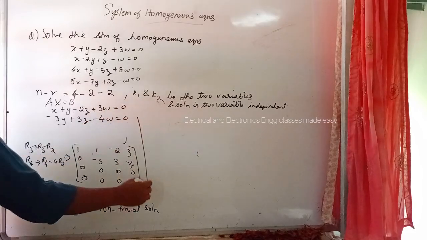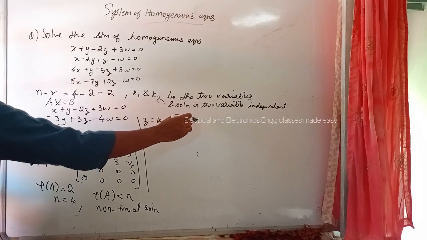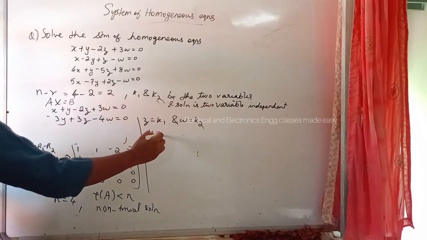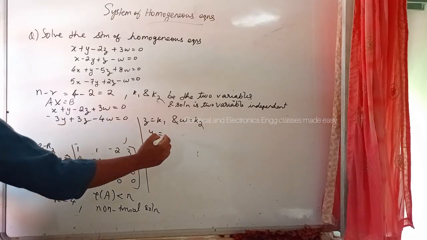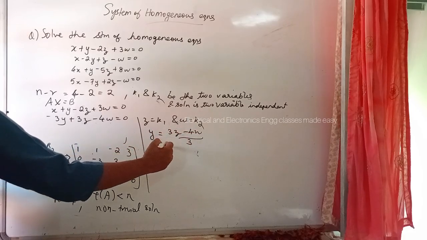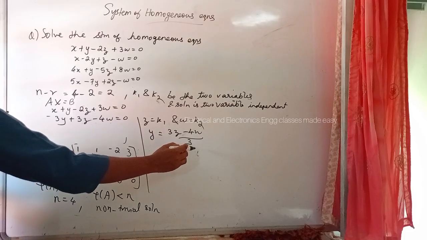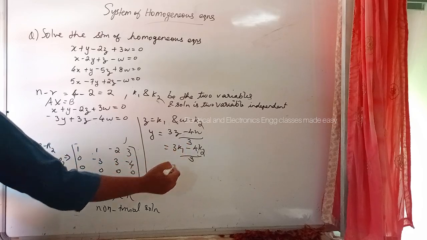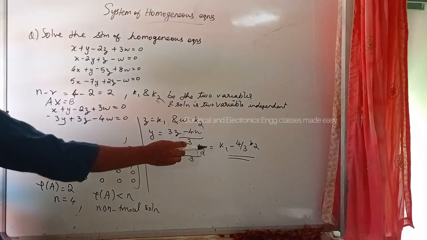So let z = k1 and w = k2. Then from this equation, y = (3z − 4w)/3, that is (3k1 − 4k2)/3, so y = k1 − (4/3)k2.